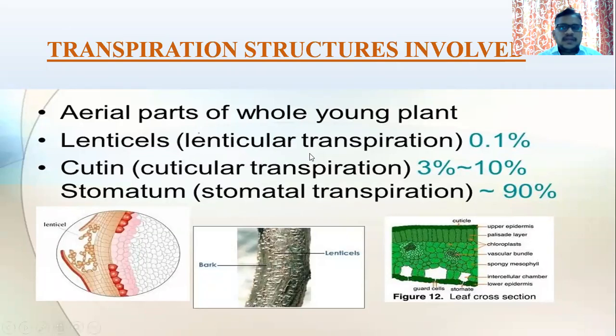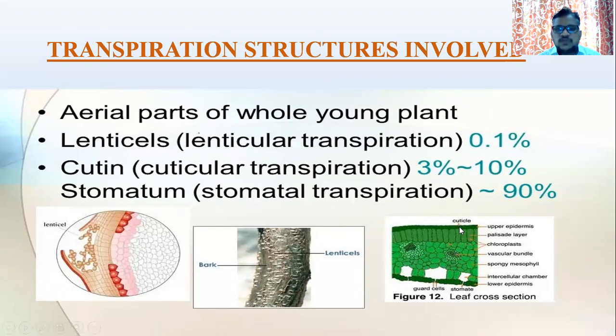Moving on to the next slide, here are the transpiration structures involved. First, the lenticels are present on the bark, and here is the figure of a leaf cross section, in which we can see the stomata present in the leaves.